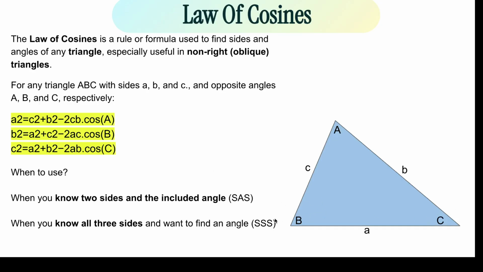Or we can have the angle and any other two sides. Let's say we have the sides B and C, and we need to find A, but then we need to have the included angle. That's how we call it, because that's the angle opposite to the side A, right?